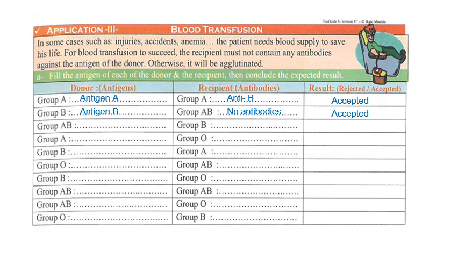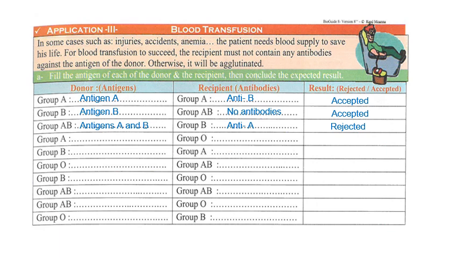Blood group AB, the donor has antigen A and antigen B. Blood group B, the recipient has anti-A, and the result here is rejected. Here we will have agglutination between antibody A and antigen A, so the result is rejected. Okay, the blood transfusion will be rejected in this case. Continue.